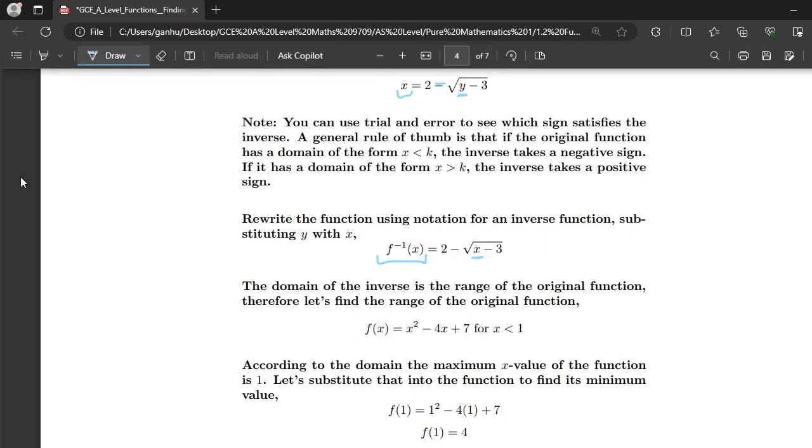And the question also requires us to find the domain of our inverse function. So there is a relationship between the range of the original function and the domain of the inverse function.